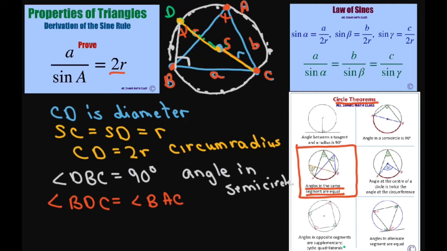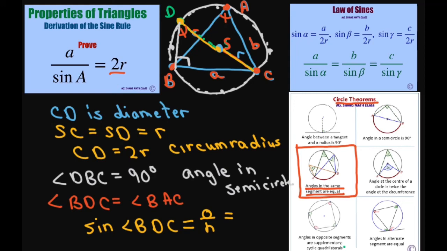Therefore, we have the sine of angle BDC equals opposite over hypotenuse. All right. Now I'm going to continue on. Hopefully you have all this.